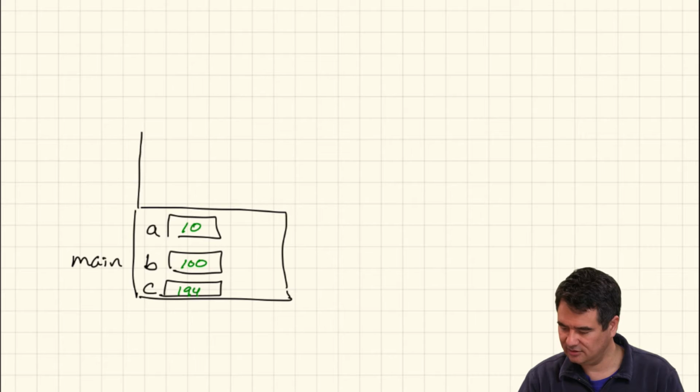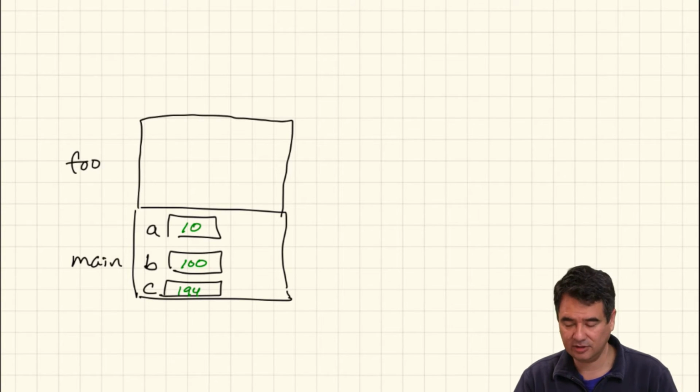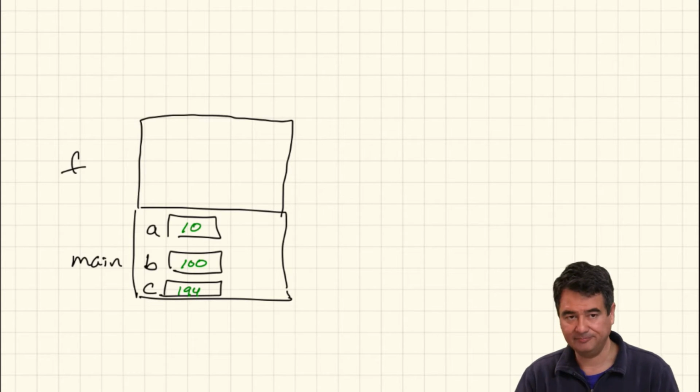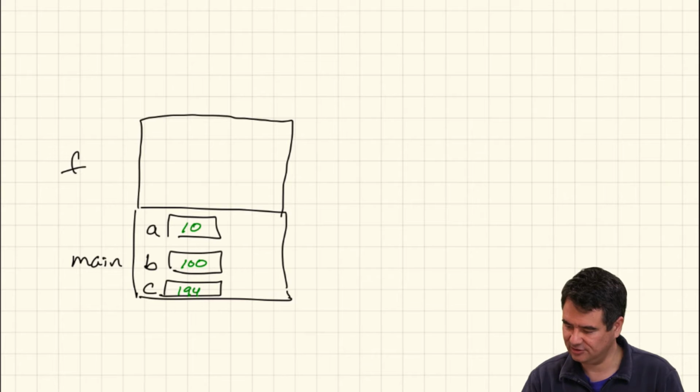Then we call, sorry, I said foo, that's not what it is, it's just F. We call a function called F, and inside of F there is a variable called X. This is actually a parameter to F, so let's put X here.